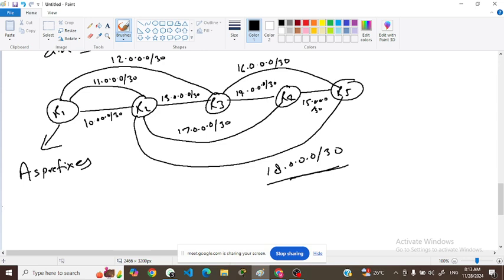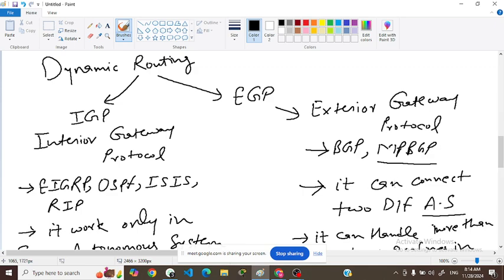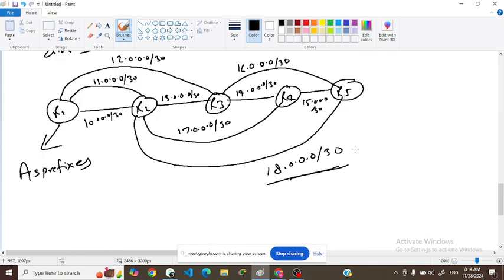If someone is using Verizon and someone is using Comcast and you both are communicating with each other, it means Verizon is transferring its prefixes to the Comcast side, and Comcast is also transferring its prefixes to Verizon. The ISPs are sharing prefixes with each other, and this is done only with the help of an EGP protocol, BGP. In some cases, like VRF and MPLS, we use MP-BGP, but mostly BGP only. Is it clear?